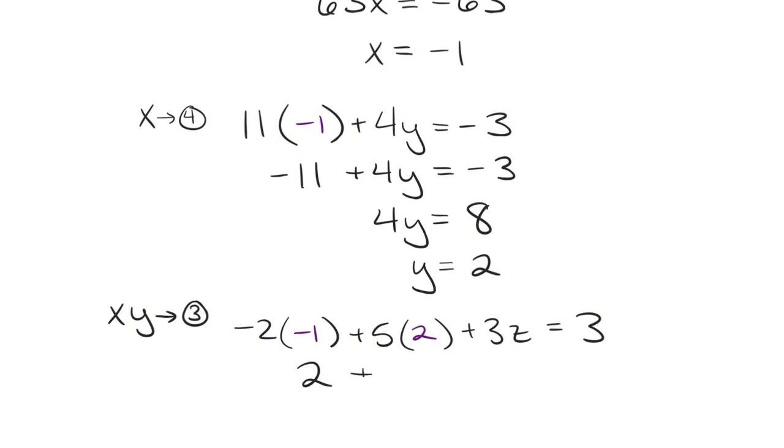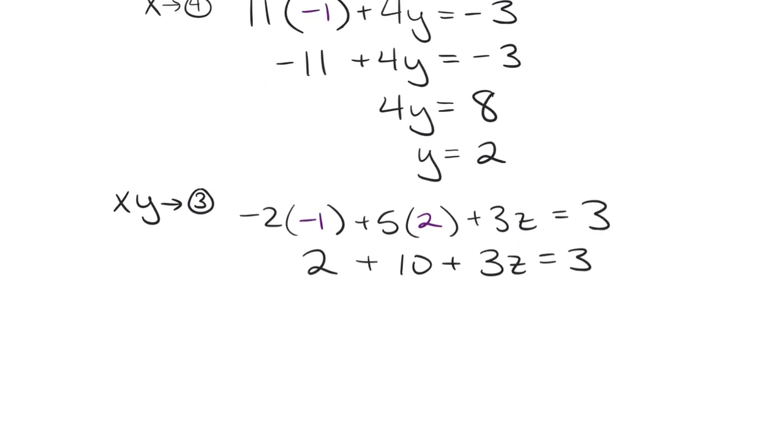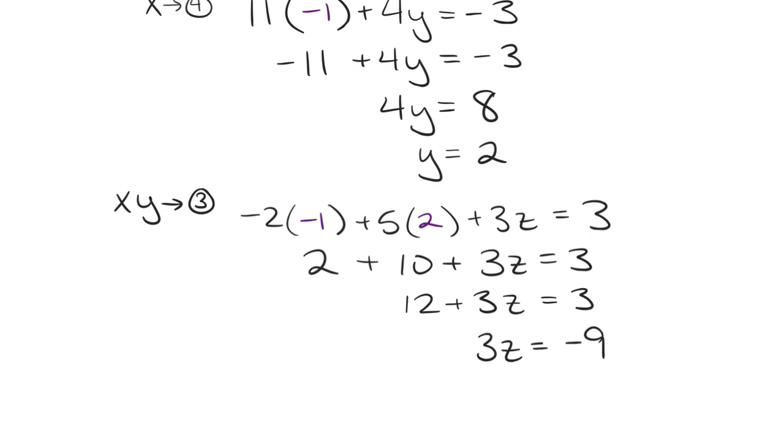This is 2 plus 10 plus 3z equal to 3. That's 12 plus 3z equal to 3. Subtract 12 from both sides. You have 3z equal to negative 9. Divide by 3.